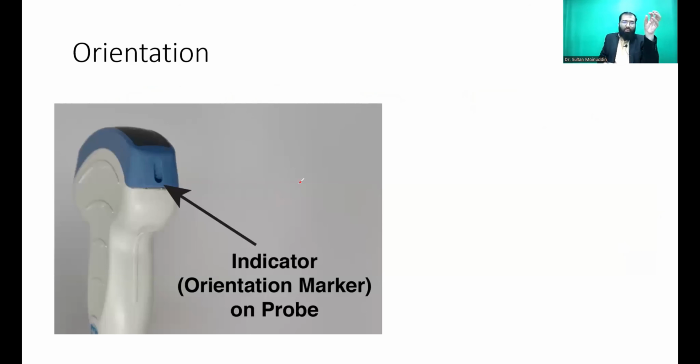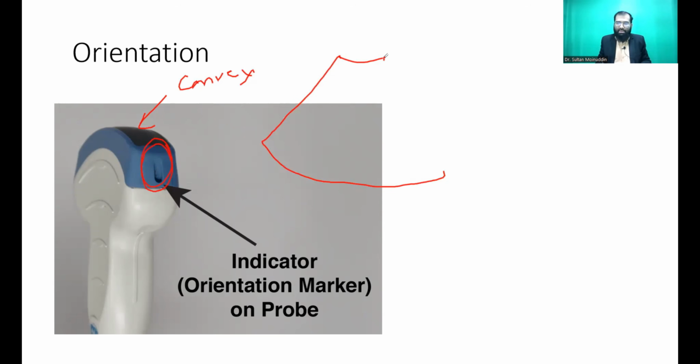Now, again, identify this probe. We have already seen this. This is a convex probe. Now, this marker, what you are seeing, is called the indicator or marker. I discussed this even yesterday, but just as a revision, you always have such a sectorial ultrasound screen, and on that screen, on one side, you can see this marker.